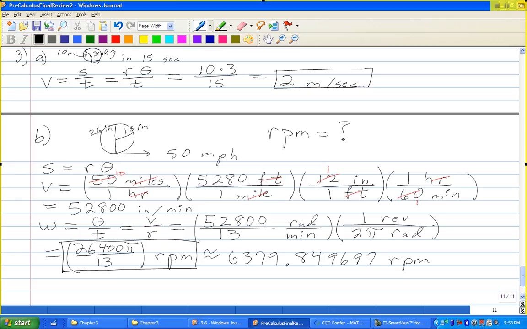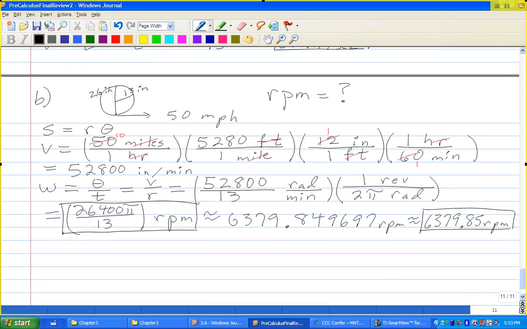They say round to 2 decimal places. So approximately 6,379.85 RPM.